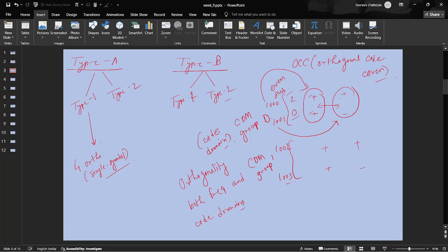So this one is what I would call code domain orthogonality. Even if they are transmitted from the same set of subcarriers, 0th and 2nd, they are orthogonal because they are separate in the code domain. Fine. How to get that frequency domain orthogonality?